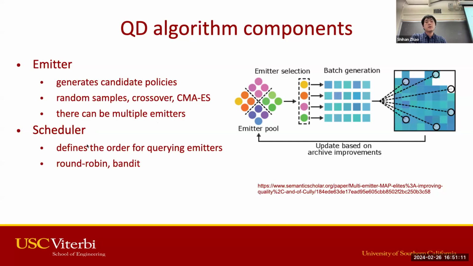This is what we use to define the order in which we query the emitters. In a simple sense, this can just be round robin. We can just go to each emitter in a fair way and query them one at a time. But again, there can be more intelligent ways of doing this. We can use a bandit scheduler, which tries to learn to query the most promising emitter according to past experience.